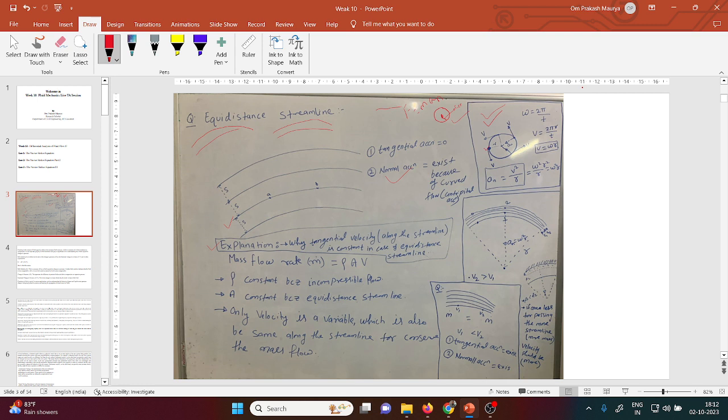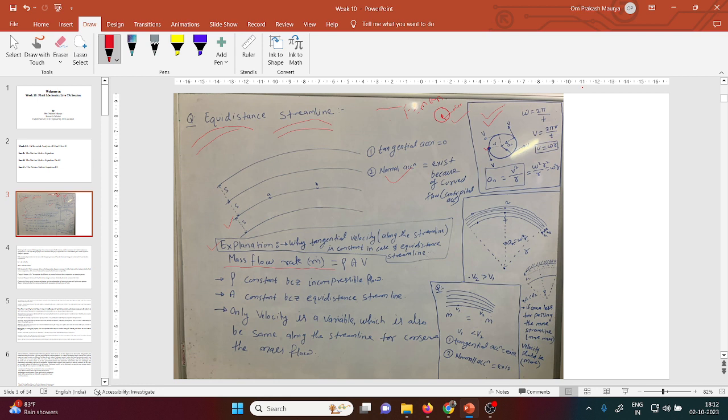If the velocity is constant, it means the acceleration will be 0. Mass flow rate means how much mass is entering at that point and how much mass is flowing out from it.